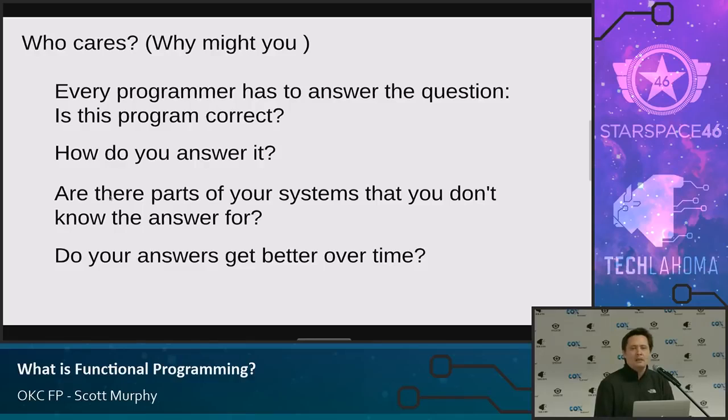I think the answers in functional programming are very solid for all of these things, especially the last one. At our company we do very fast development, and it's a huge benefit that we can go back and iterate on the code we've written and make it better each time and feel more and more confident in it.